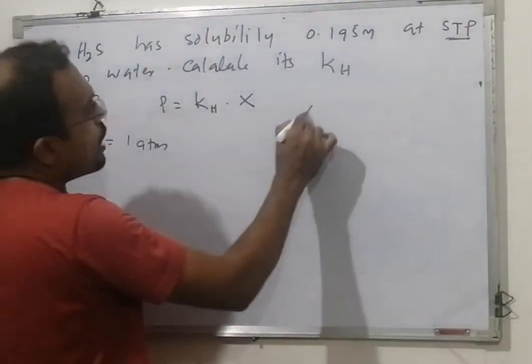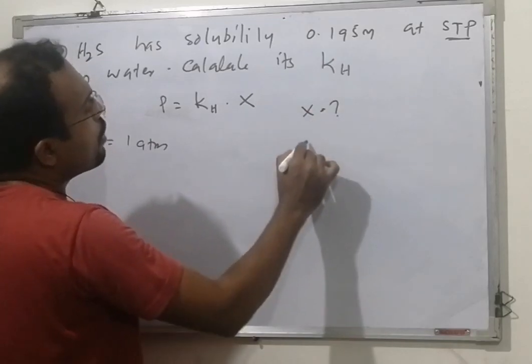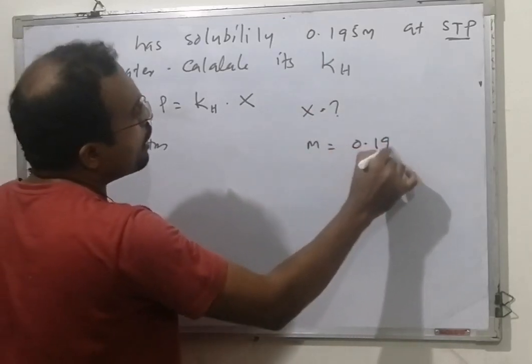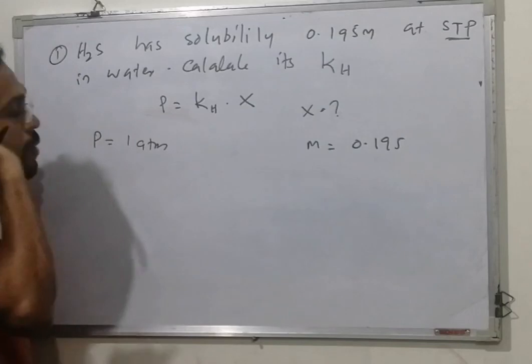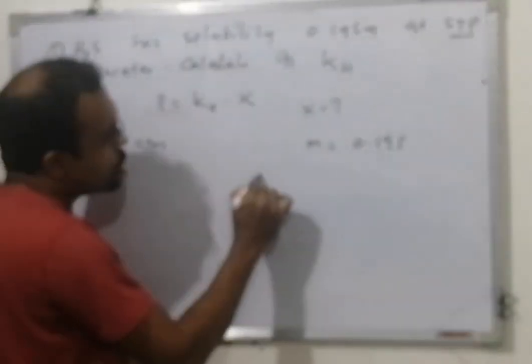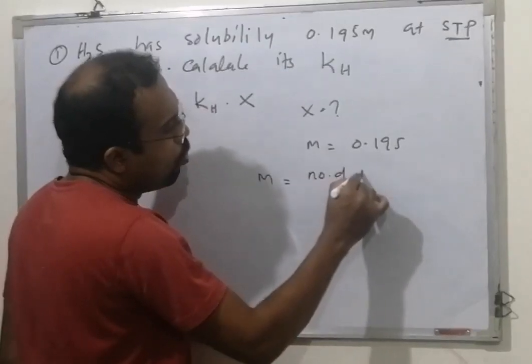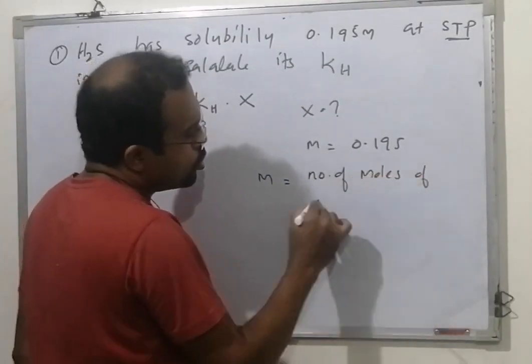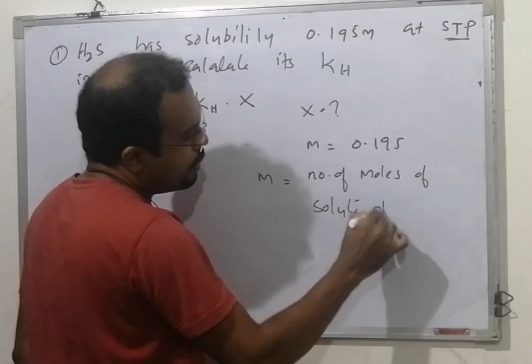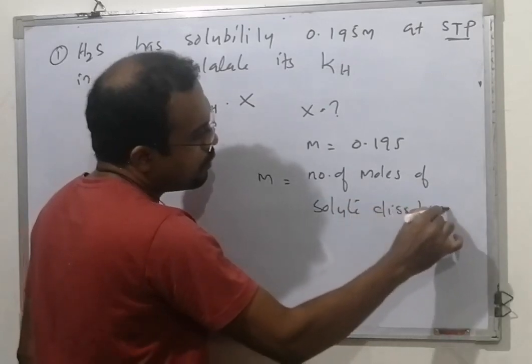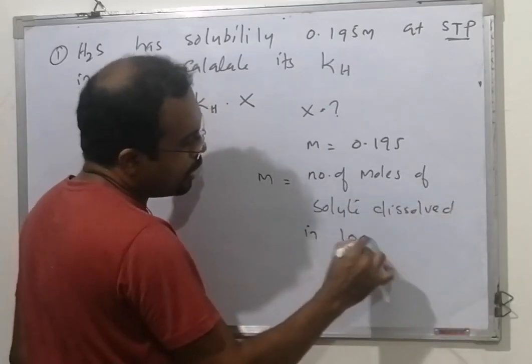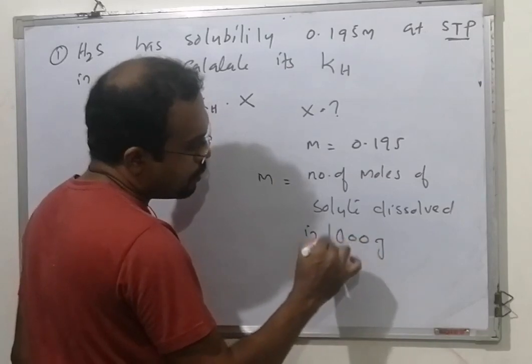Now you know what is X, but you are given molality 0.195. Molality means number of moles of solute dissolved in 1000 gram of solvent.